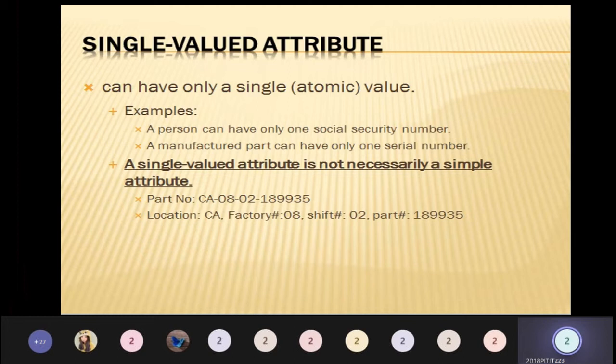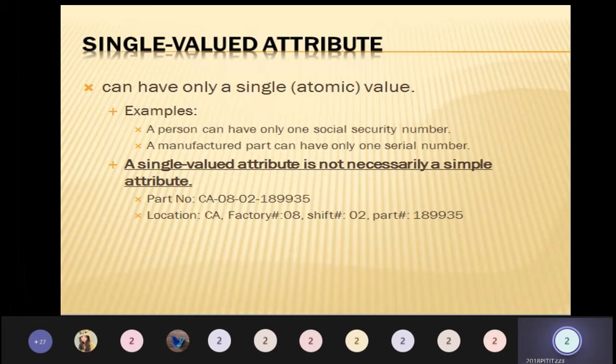A single value attribute is not necessarily a simple attribute. These are examples of single value attributes.